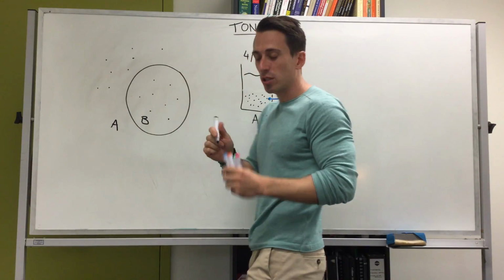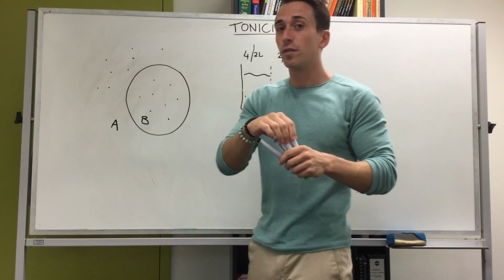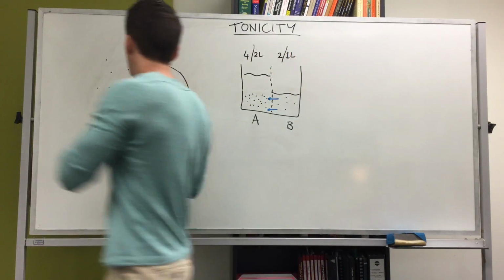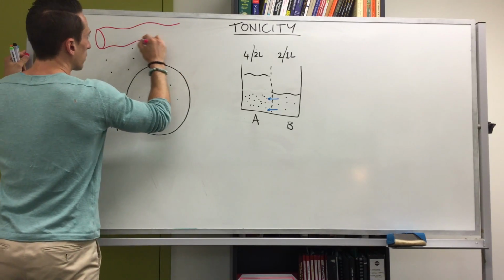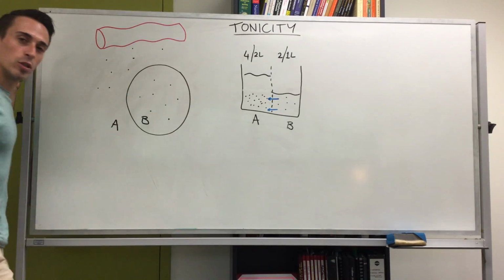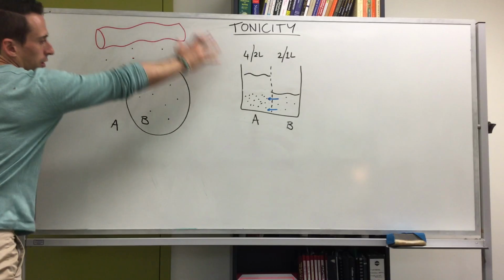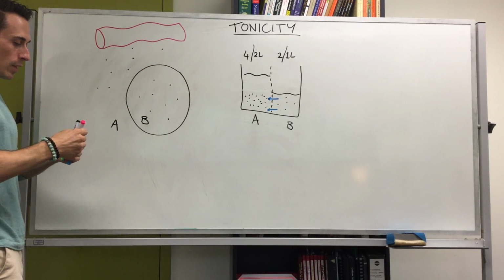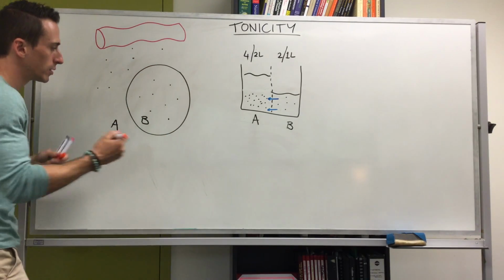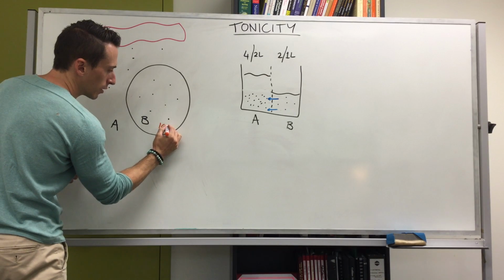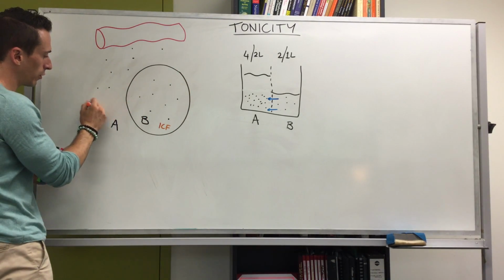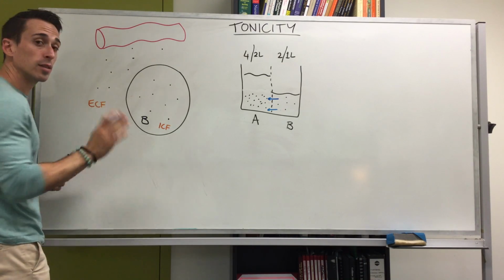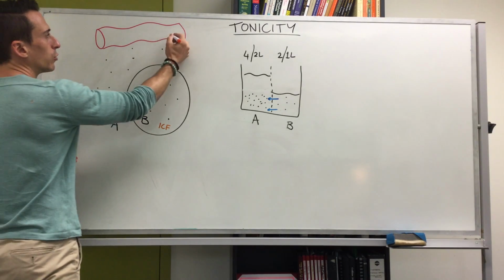But we can change this, and as clinicians, you often do change this because you have blood vessels which are also in the extracellular fluid. Remember, you can separate out body fluids into intracellular fluids, all the fluid inside the cell, and the extracellular fluid, all the fluid outside the cell, and that also includes your blood plasma.